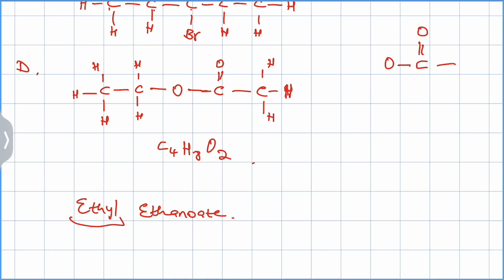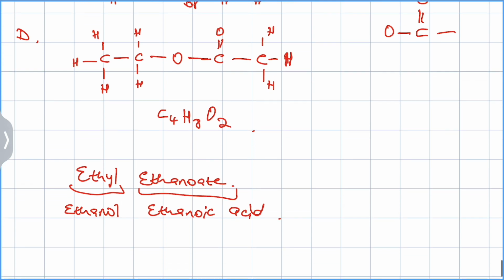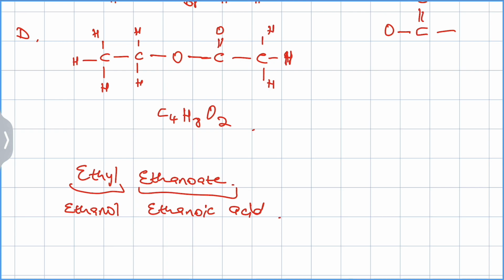This is coming from alcohol, so that is ethanol. And then this is coming from the carboxylic acid, which happens to be ethanoic acid. So the carboxylic acid that they want us to draw is ethanoic acid.